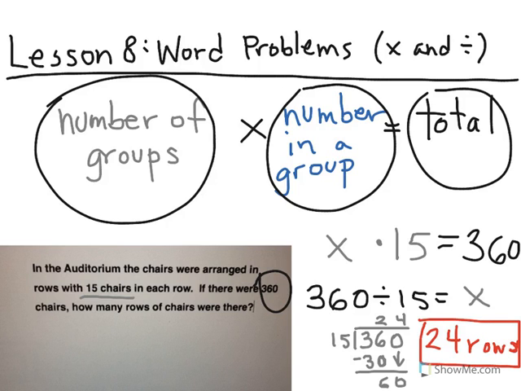Let's make sure that that would make sense. If I had 24 rows with 15 chairs in each row, would that come out to 360? I can quickly double check that using multiplication to say yes, that would come out to 360 chairs.